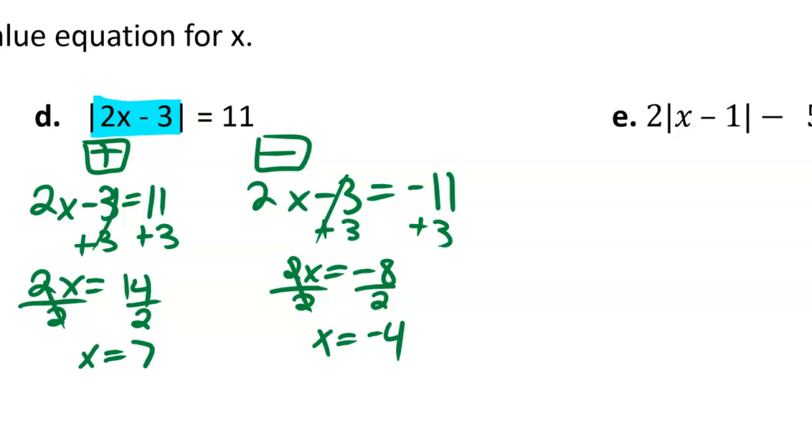Go ahead and start doing E on your own. We do want to isolate the absolute value, which means we're getting rid of everything outside or touching the absolute value.